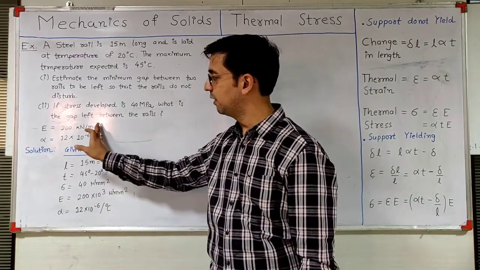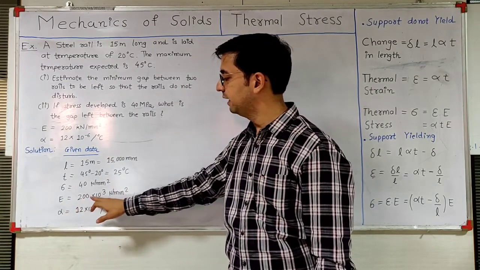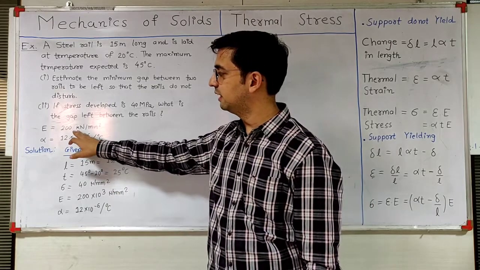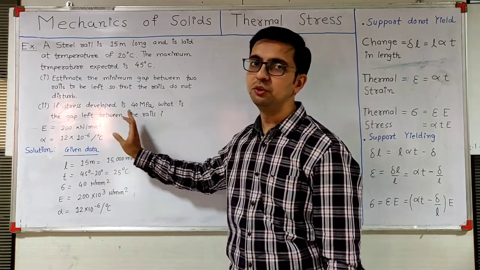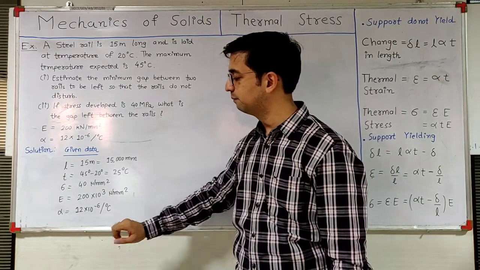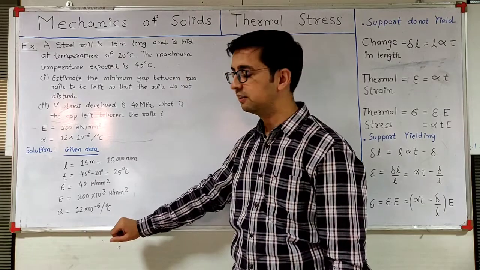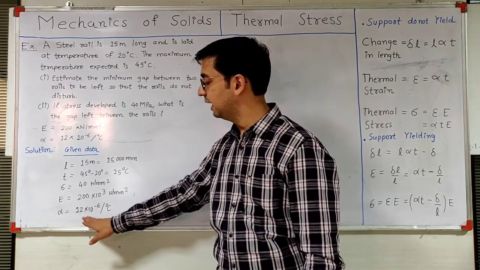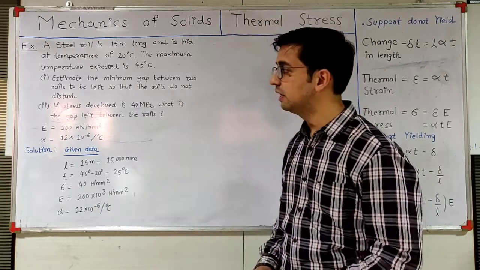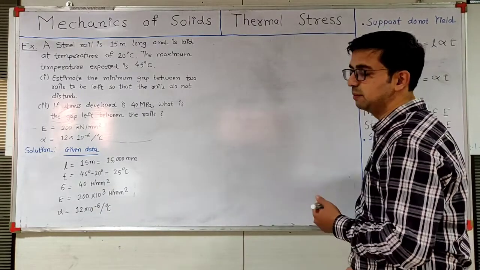Next is modulus of elasticity E, 200 into 10 raised to 3 Newton per mm square. We have converted kilonewton per mm square into Newton per mm square by multiplying by 10 raised to 3. And last is the coefficient of thermal expansion, which is 12 into 10 raised to minus 6 per degree Celsius.